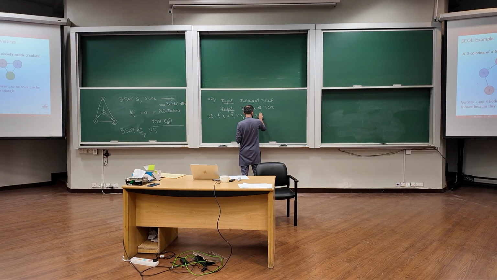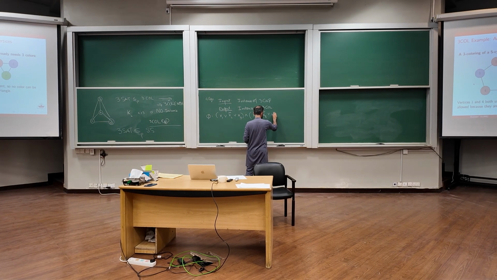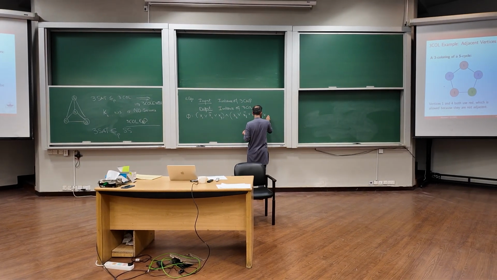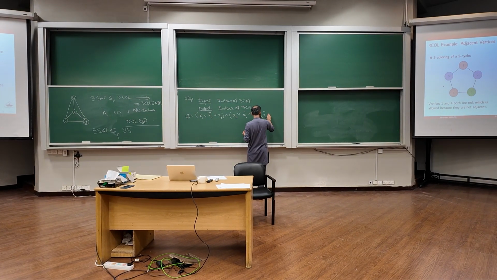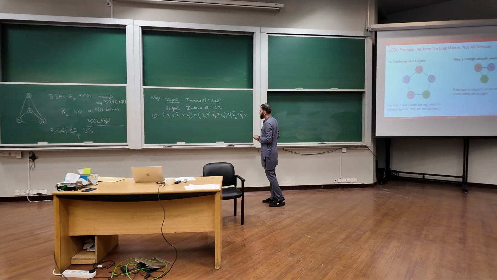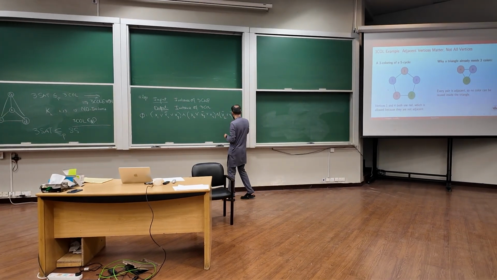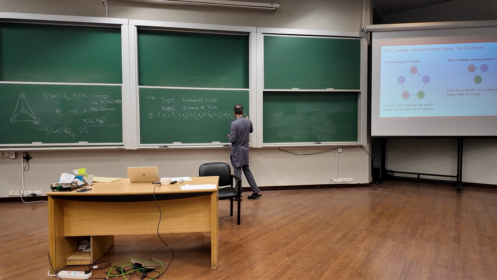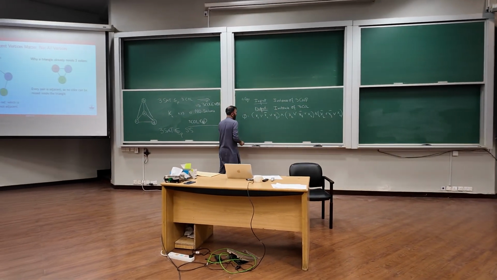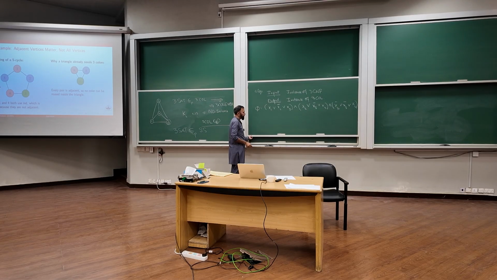So x2 or x3 bar or x4, and, I don't know, whatever, x2 bar or x3 bar. Something like this, okay? And from this I have to generate a graph, okay?